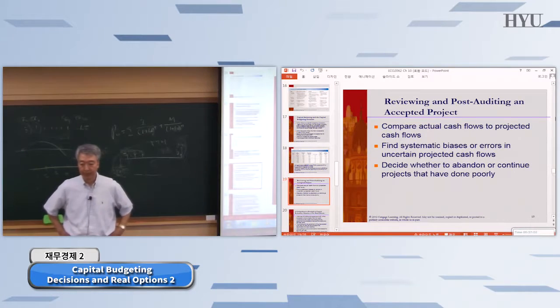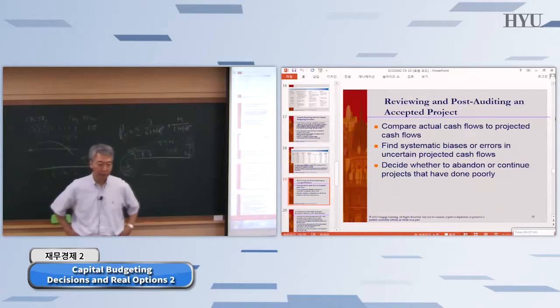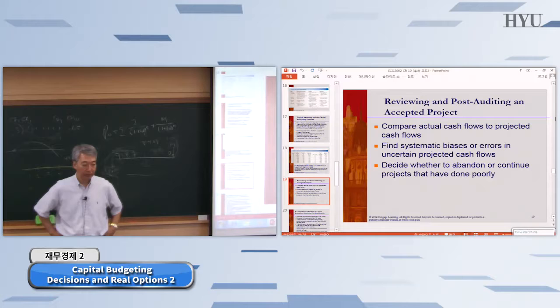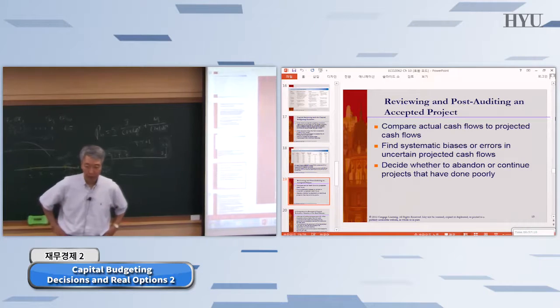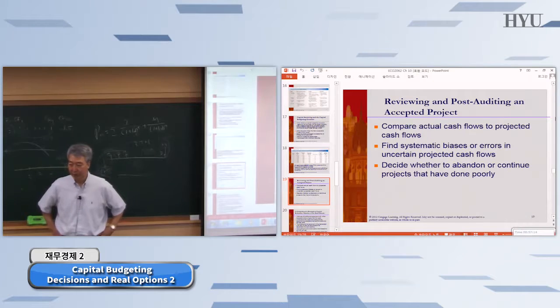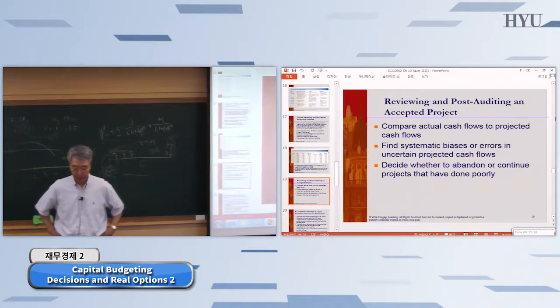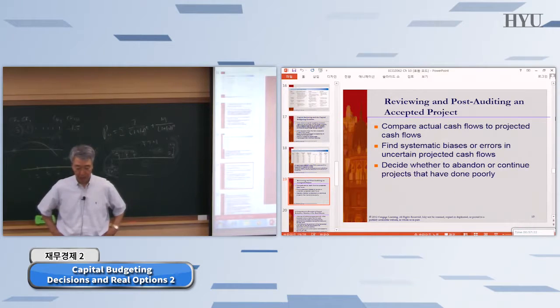That was chapter 9. And in chapter 10, we talked about how to compare. We talked about 4 different approaches to compare and assess the projects and make the decision. Then, of course, you're going to implement the projects.